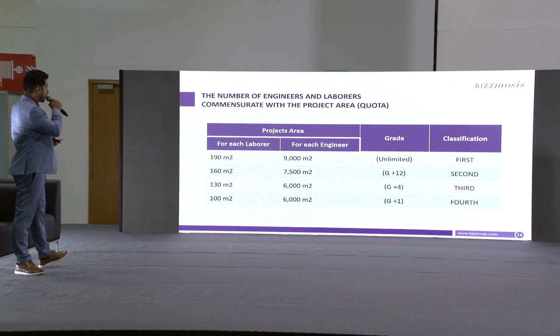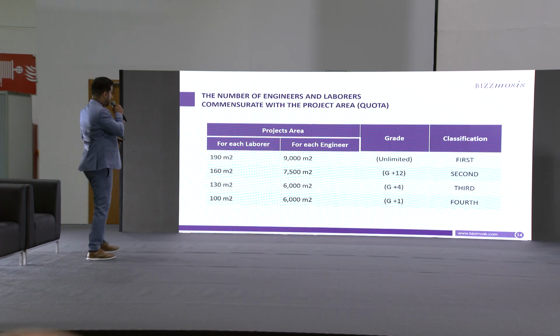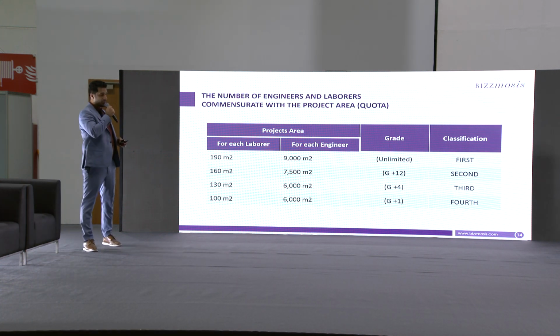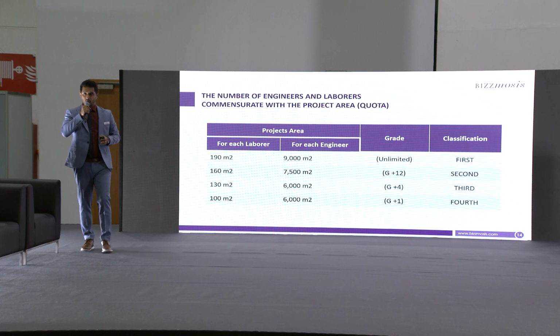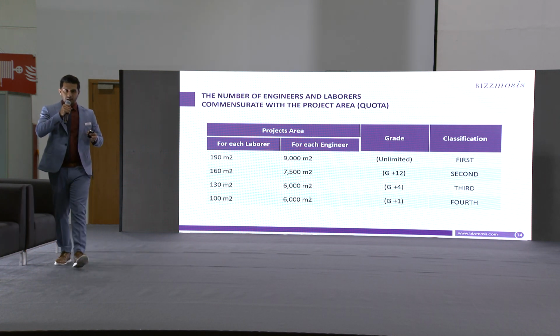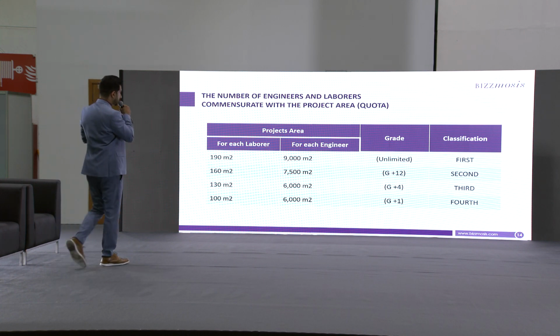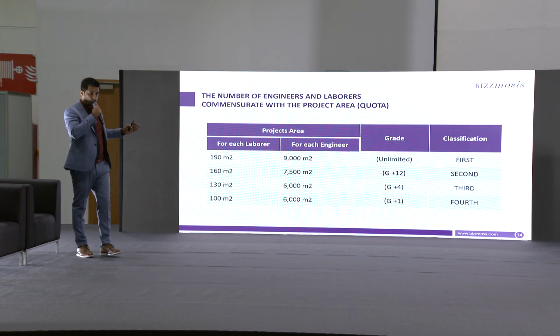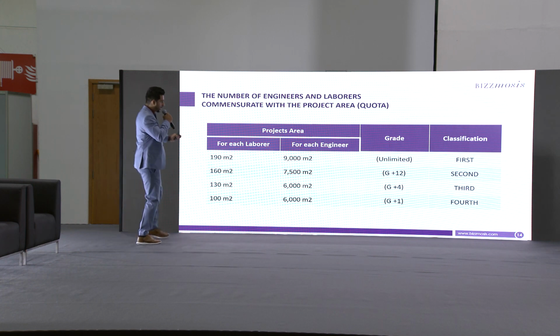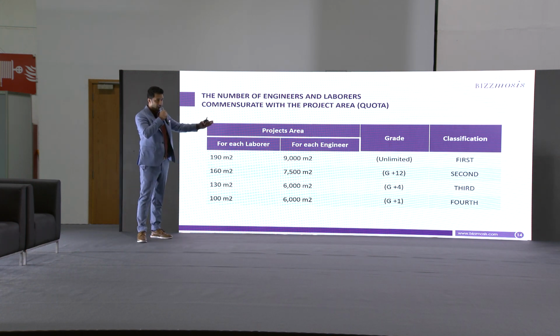Here, the number of engineers and laborers must be commensurate with the project area. In the UAE, in order to execute a project, the government has allocated a specified project area for each laborer and each engineer, according to the grade and classification.